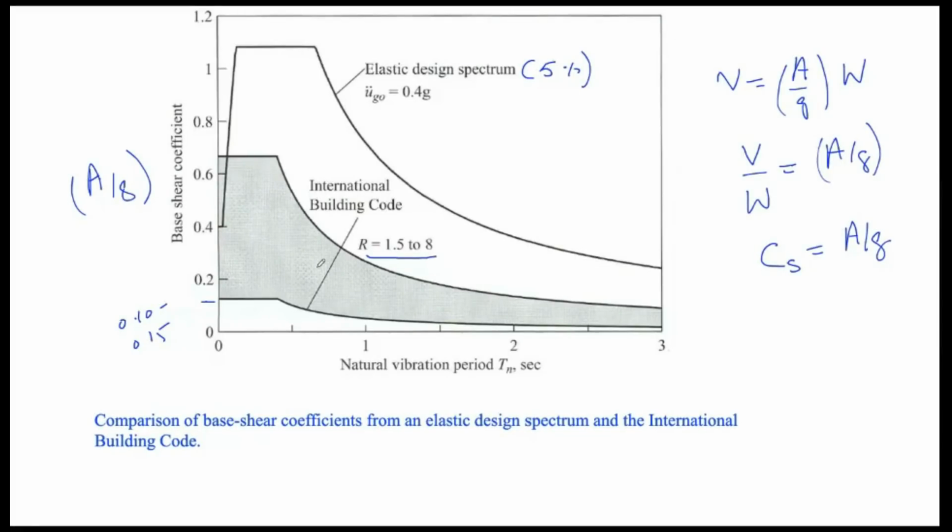So what is happening? This implies that the building designed for these forces would be deformed beyond the limit of linear elastic behavior. So it tells us that the structure will essentially behave non-linearly, because the force for which we are designing it is less than the force which would actually be experienced in case of linear behavior. So what is the problem?